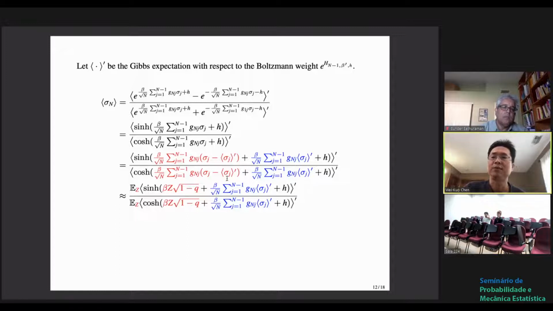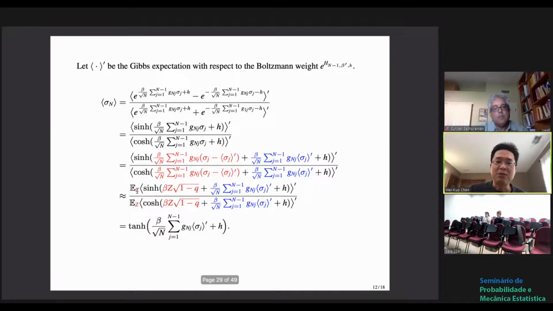So once I get this, I can compute the expectation in Z. The outcome is exactly what we want. So this is the so-called cavity equation.